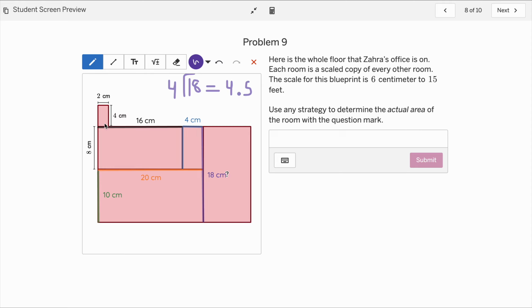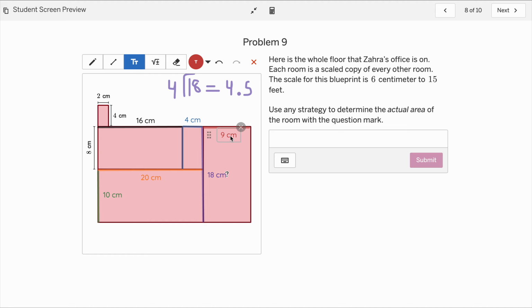Okay, that's our scale factor. So if 4 times 4.5 is 18, 2 times 4.5 is 9. So then back to this, I now know the measurement for that is 9 centimeters.